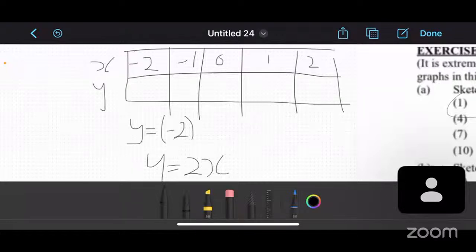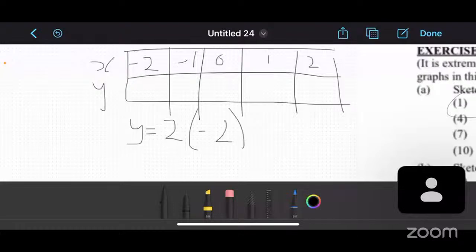Okay, ma'am. Next, you write y equals 2 bracket negative 2 close bracket. Then the answer will be negative 4 for the y.